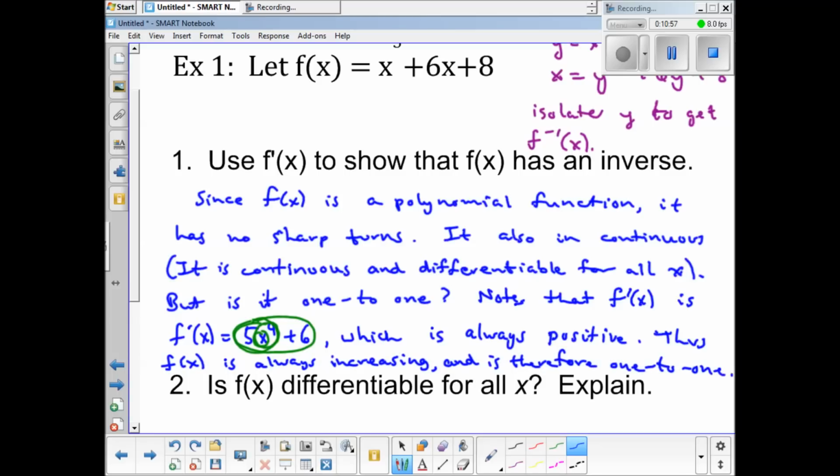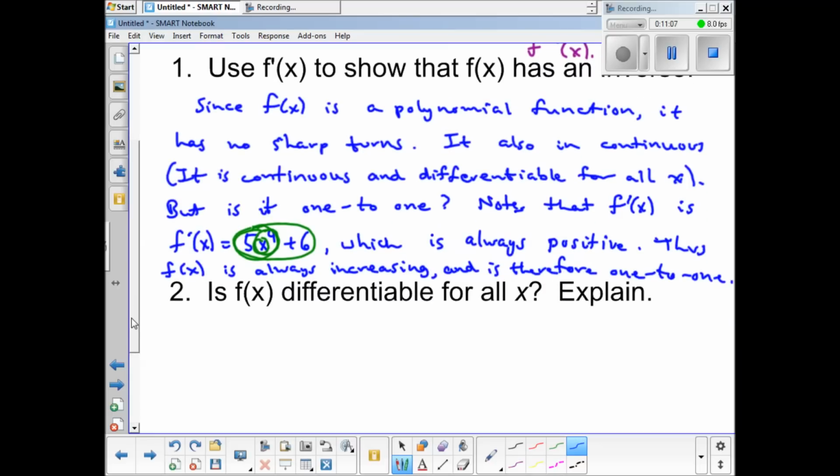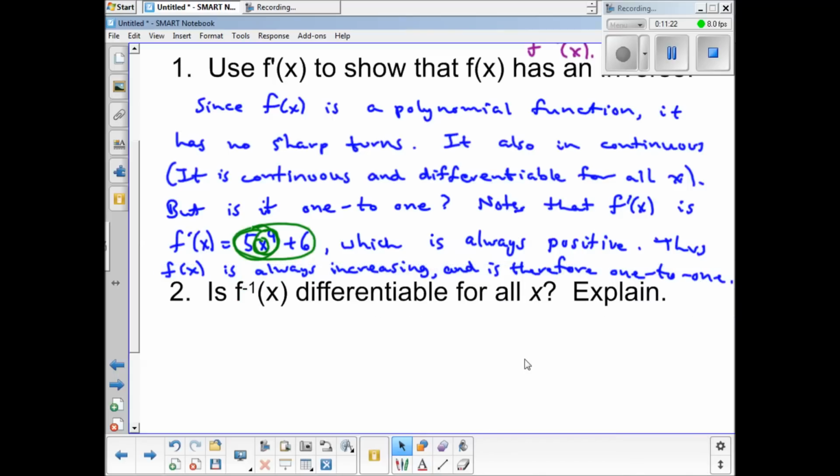Okay, so this argument proves that we have a function that has an inverse. Now the question is, is f inverse differentiable for all x? This is a different question, obviously.